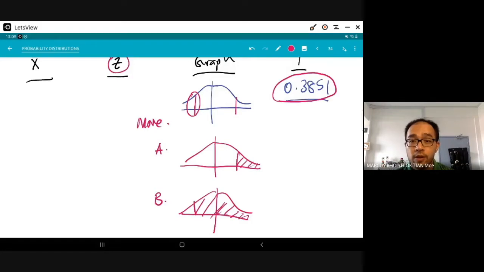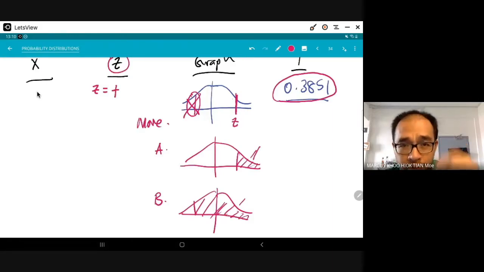Which one shows you 0.3851? Is it A or B? It's obviously A. So this will be this. That means my Z score is here. This one I reject. So have this in mind: Z must be a positive value. It cannot be a negative value, because a negative value is wrong.